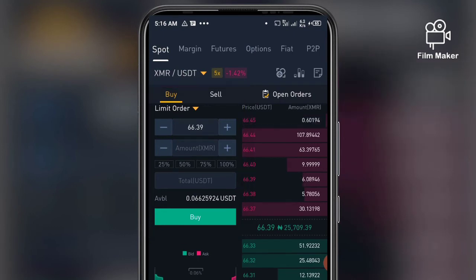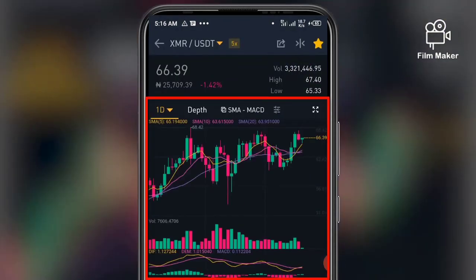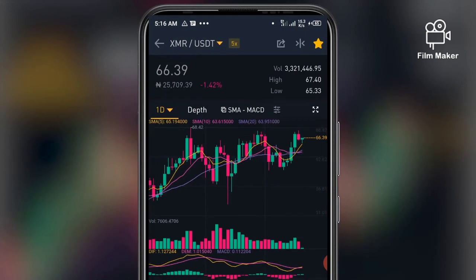It's always advisable to do it on the computer, but if you are not on the computer, you can just click on the chart icon so that you will see the chart and know what is up about the market. So right now the market is at a resistance, so it's possible we see potential down movement in the market, so you should be looking at selling.